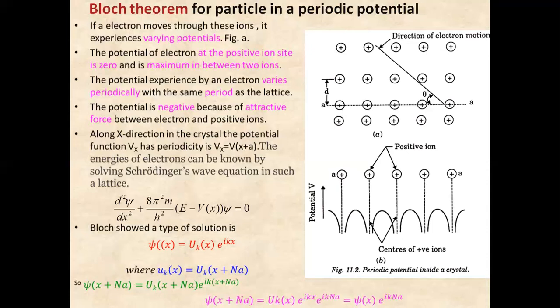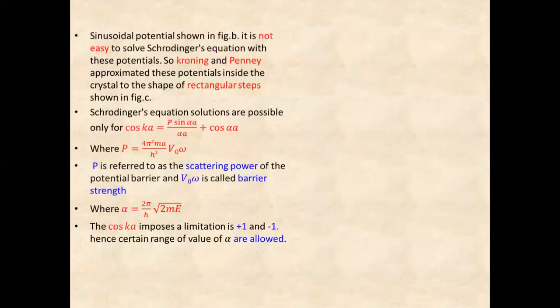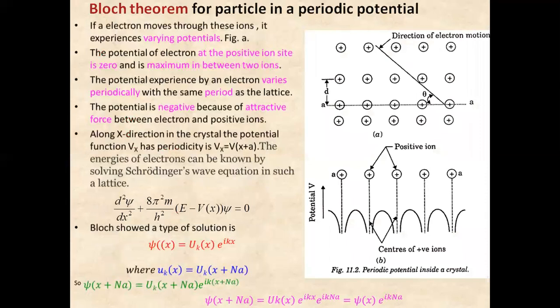We need to write this: psi k of x plus na is equal to uk of x into e power of ik, into e power of ikna. That means whenever we are considering psi k of x plus na, it is equal to psi of x. This is about Bloch's theorem.